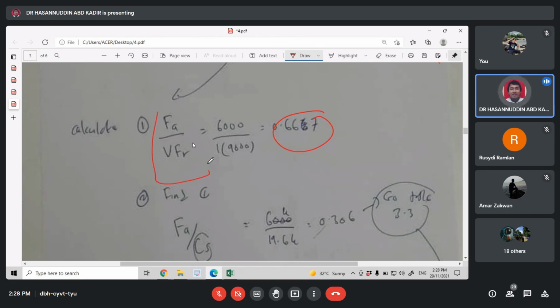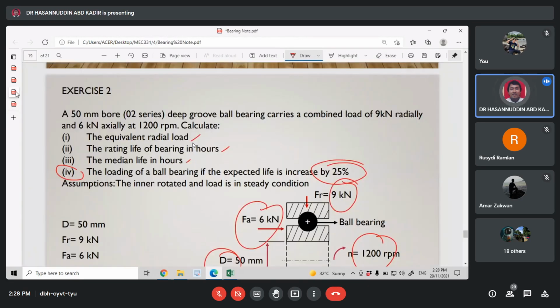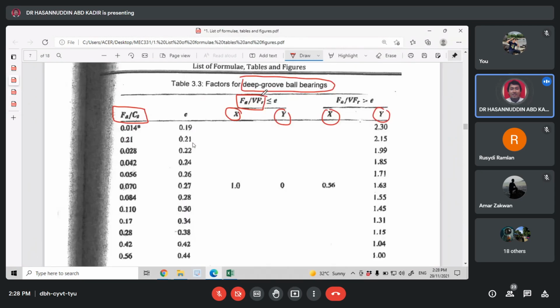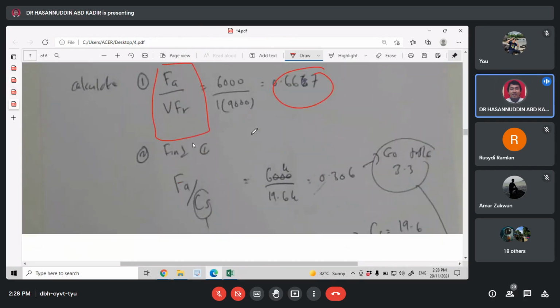Based on this value, we look at this section. The first step is to determine where to take the values, depending on whether our condition is less than or more than the equivalent, and we compare.